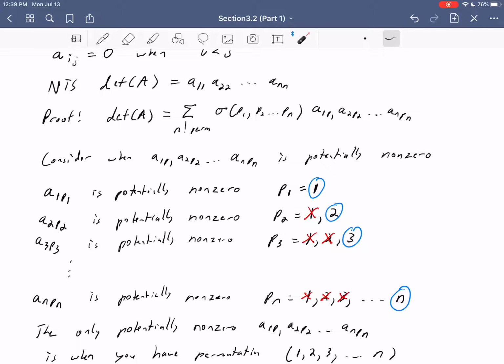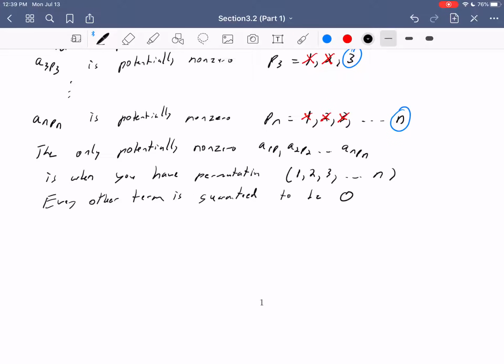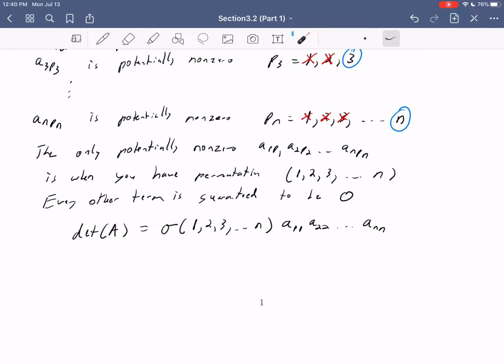Everything else is 0. So this tells us that the determinant of A is just the sign of that permutation, 1, 2, 3, down to n, times A1, P1, which is A11, A2, P2, which is A22, because again, we're following this permutation, down to AN, n. Final thing to sort of do is, what is the sign of this permutation?